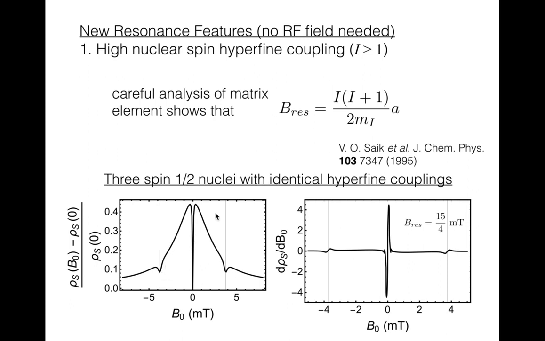And here's sort of the normal near zero field effect we get, but then we also develop these resonances out here. And here's the derivative data, and the resonances follow this equation here. So here it's 15/4 millitesla. As far as I know, this has not been observed or attributed to any experiments thus far.